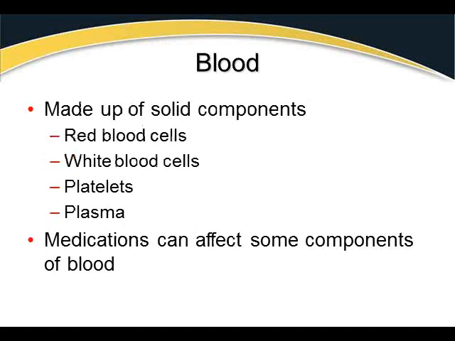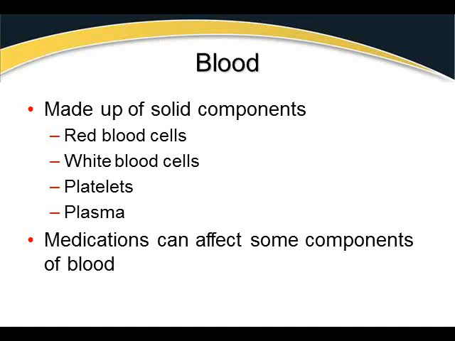So blood is made up of solid components, and those solid components are the first three: the red blood cells, the white blood cells, and the platelets. The last component there is not a solid component, but it is the liquid component that all the other elements are suspended in.